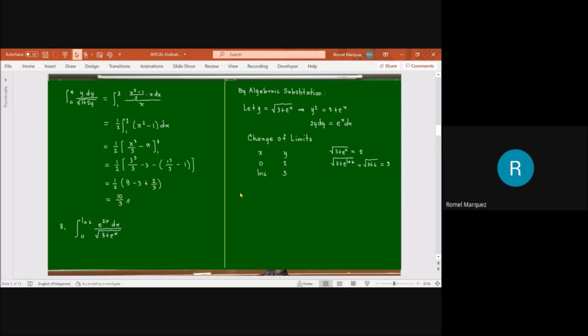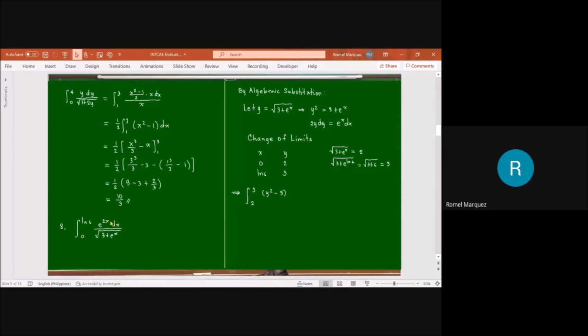So the new integral, in terms of the y variable, we have integral from 2 to 3. And again, what is e to the 2x dx? I have to give one e to the x to dx, so that I can have that 2y dy. So e to the x is y squared minus 3.